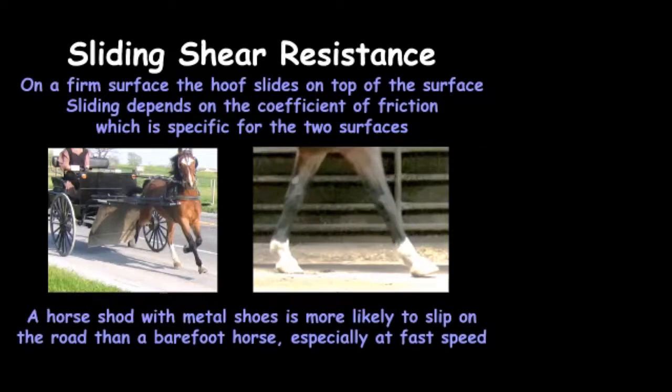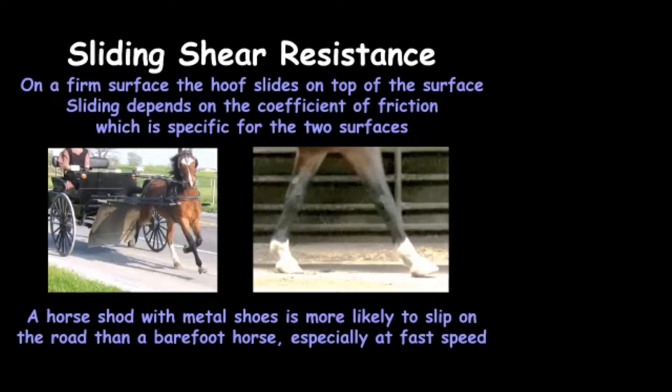And under those conditions, the sliding is limited by the friction between the two surfaces. And the friction is dependent on the coefficient of friction, which is specific for the two surfaces, which might be, picture on the right, the horn of the hoof and the cement, or in the picture on the left, the steel shoe with the black top.